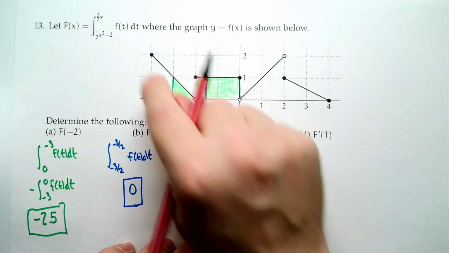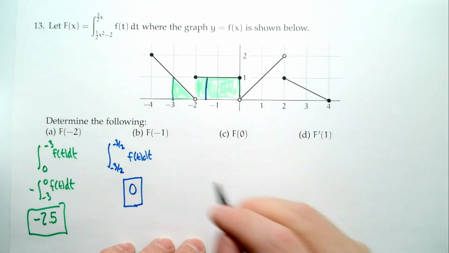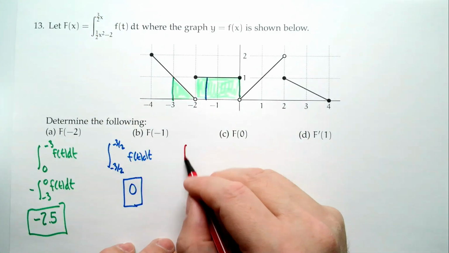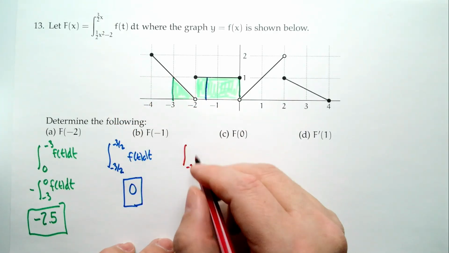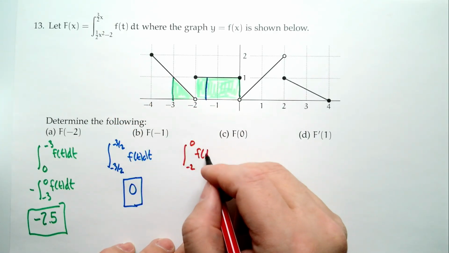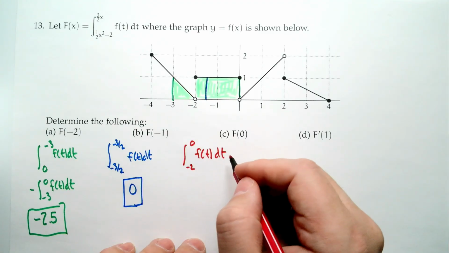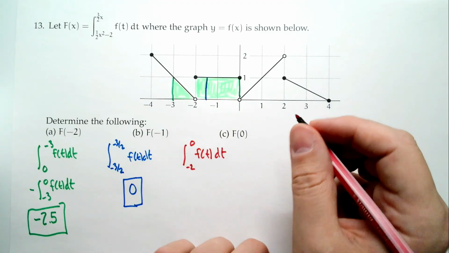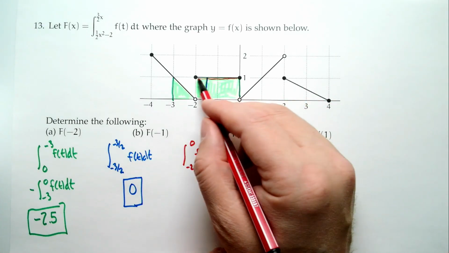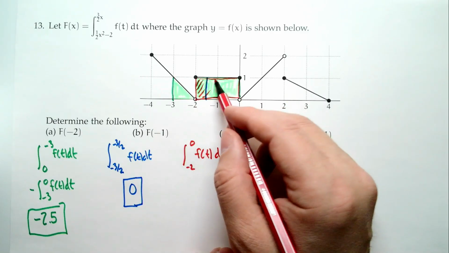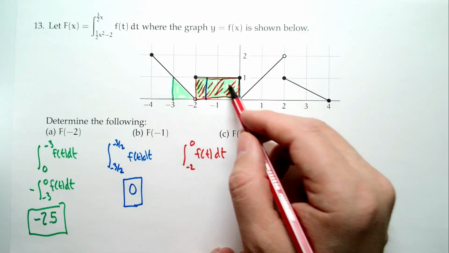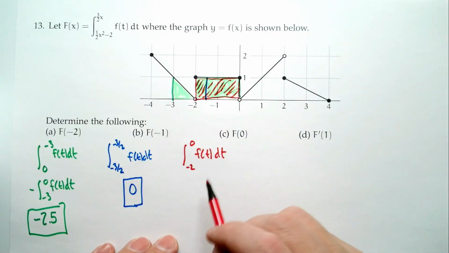F of 0. So everywhere I see x, I put 0. That's probably going to be pretty straightforward. Put in 0, you get the integral from -2 up to 0 of f of t dt. In that case, that's just the rectangle. And notice our orientation is perfectly fine the way it is. So our integral matches the area of that rectangle.